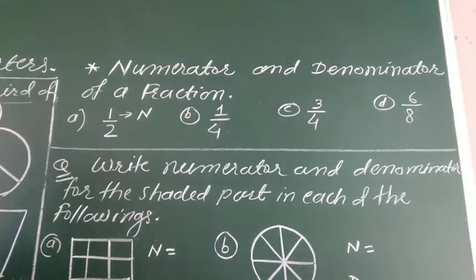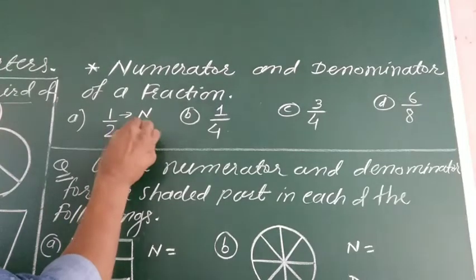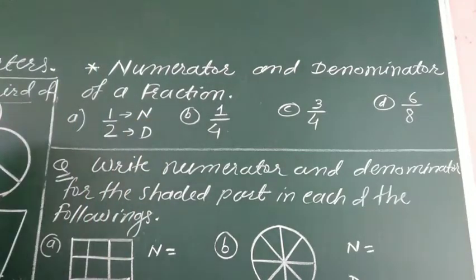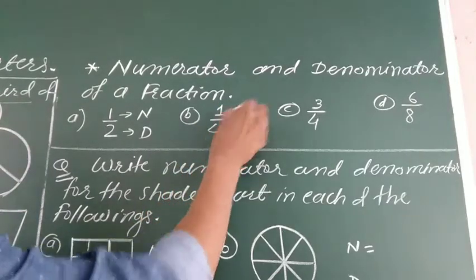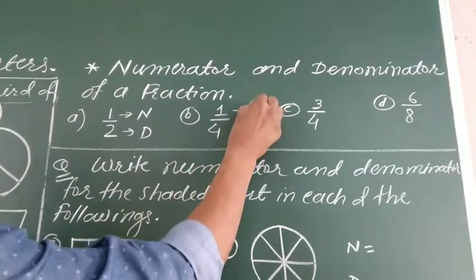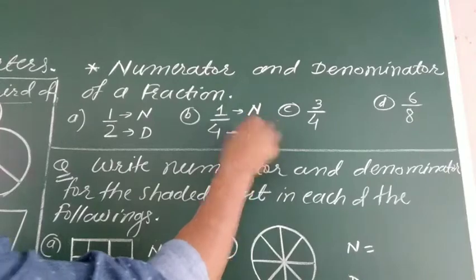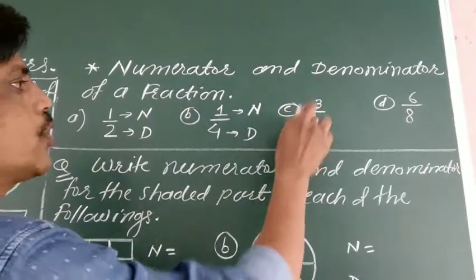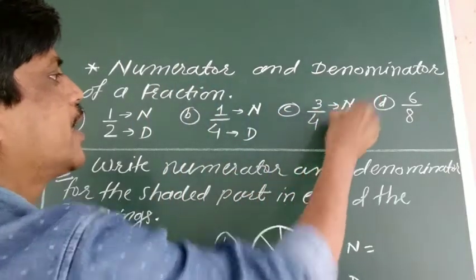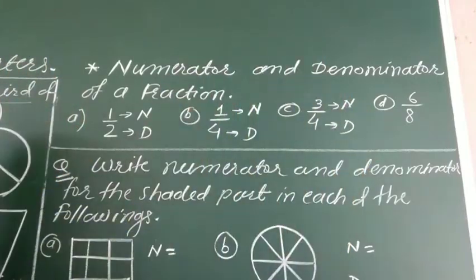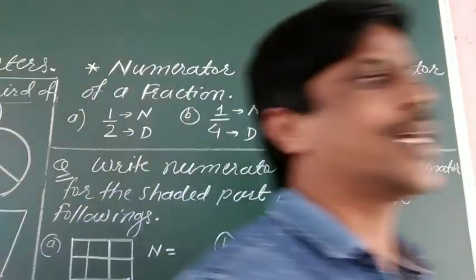So I will write n for numerator and d for denominator for this part. This way here it is 1/4, it is numerator, it is denominator. It is 3/4, see, it is numerator and this one is denominator. So in any fraction you can write numerator and denominator.